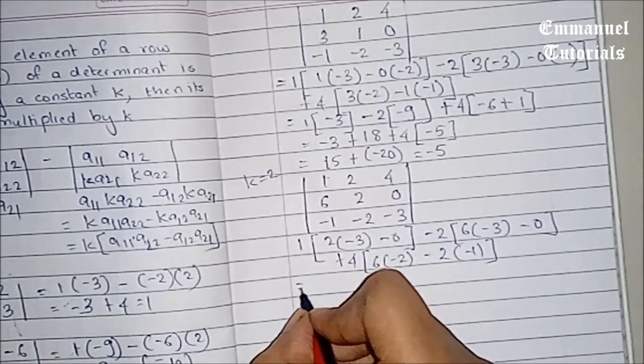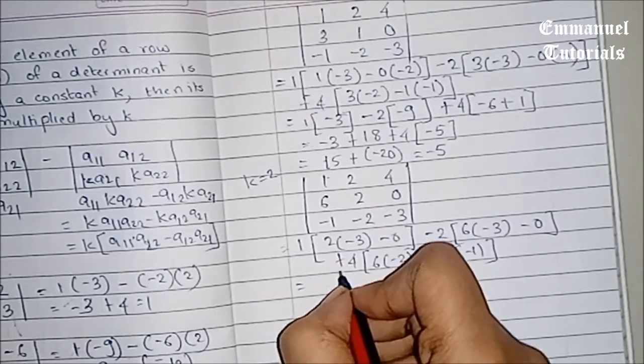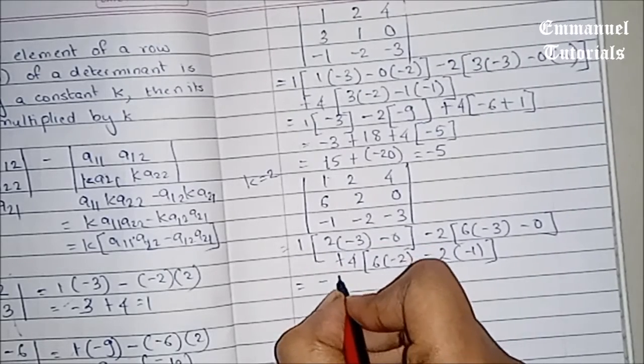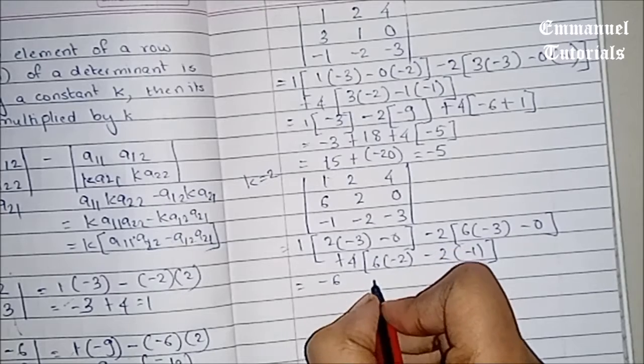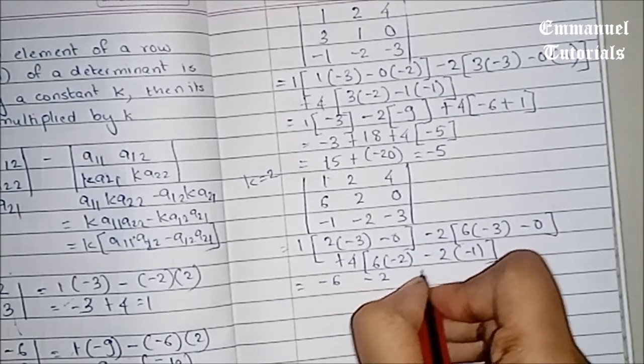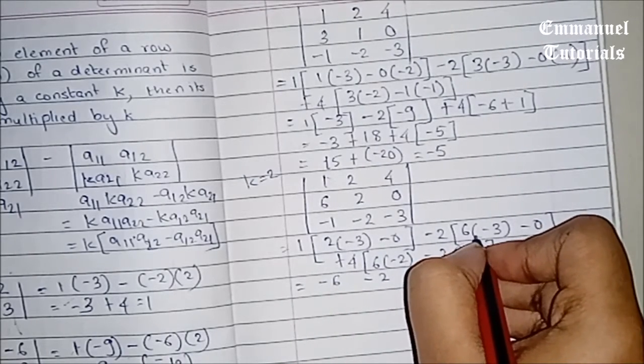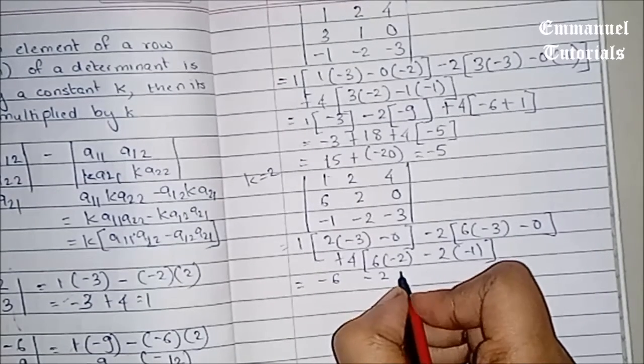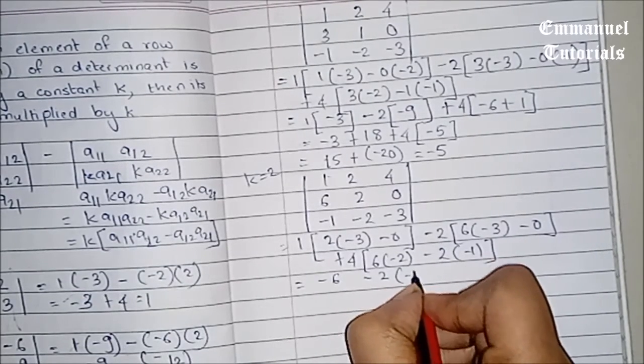Now this is equal to 1 into minus 6, so minus 6, minus 2 into 6 into minus 3, which is minus 18.